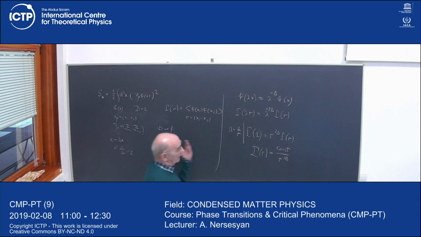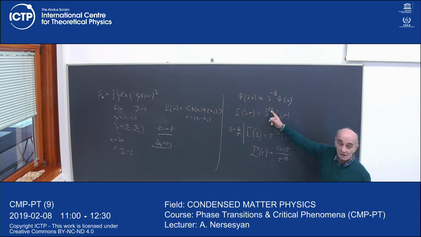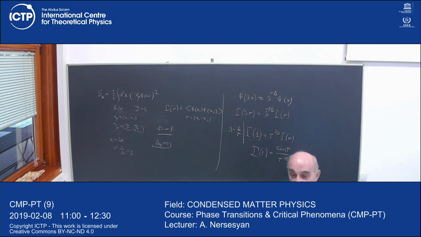So again, if you know the scale transformation law for the field, then it automatically follows that the two-point correlation function of this field, first, must be a homogeneous function. That means that it's an algebraic function, and the exponent is twice the scaling dimension of the field itself.